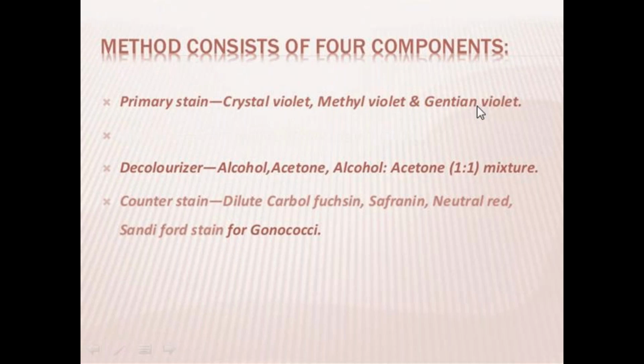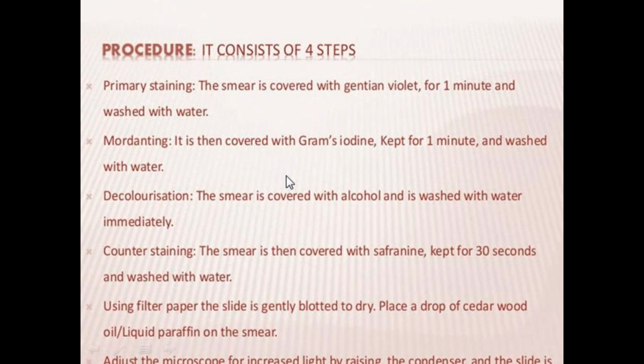Primary stain is crystal violet, the mordant is gram's iodine, and the decolorizer is an alcohol acetone mixture, or either can be used for the decolorization. Next the counter stain, that is the secondary stain, and here the secondary stain is carbol fuchsin. Okay, and this is the main staining method for differential staining.